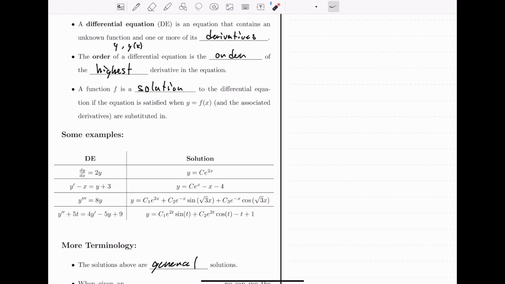And notice, when we have first order differential equations, we just have one constant. For this second order differential equation, we have 2 arbitrary constants. For the third order differential equation, 3 arbitrary constants. All right, let's take a look at some examples.